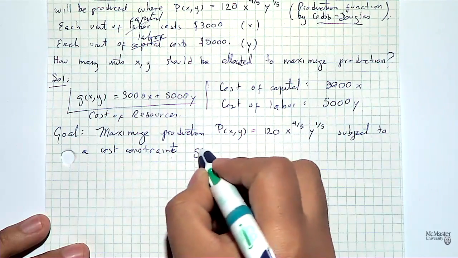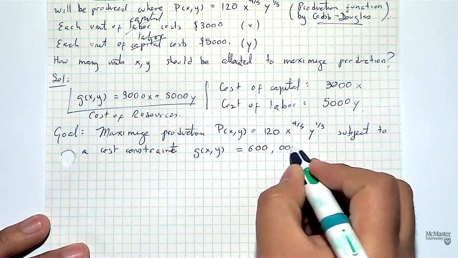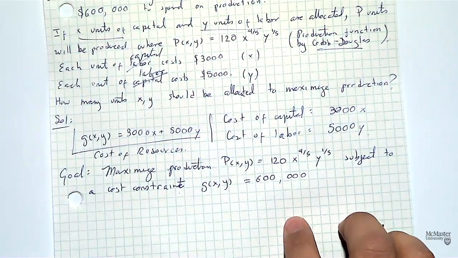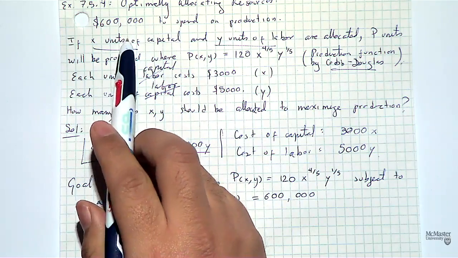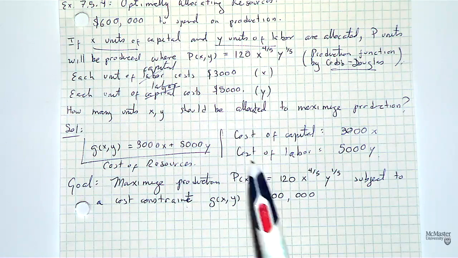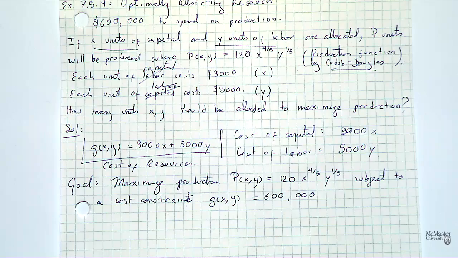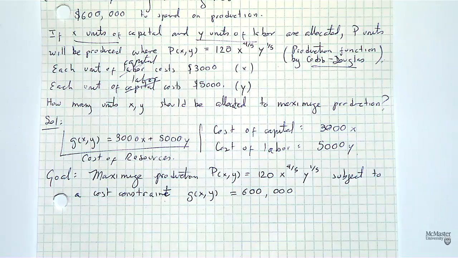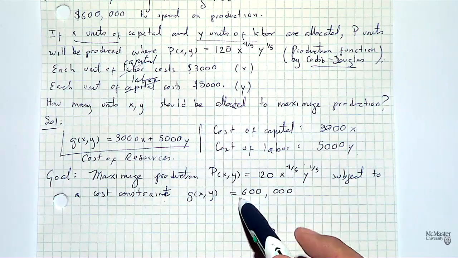It's basically the function g of xy equal to 600,000. Right? So this is basically the total budget that we can spend. We expect that as long as we spend more, we will get better results. So this is the maximal thing we can afford. And this is basically indicating the cost, both for labor and capital. So in terms of the math, the problem is formulated now. Function to be optimized, constraint, and we know what to do.